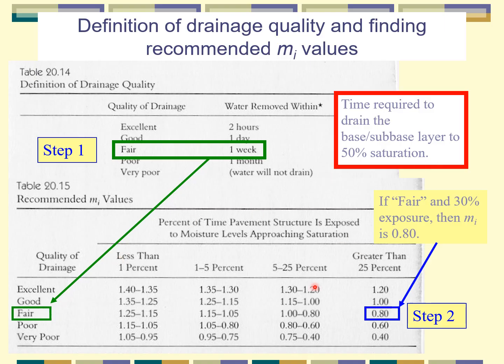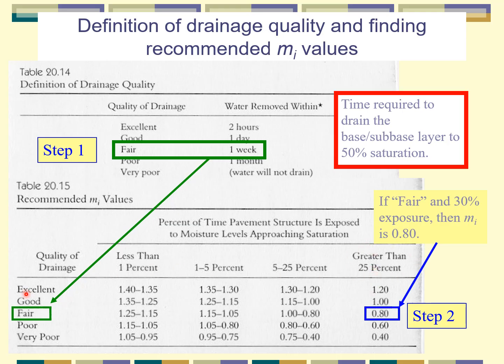Now look at this table, recommended m sub i values: the quality of drainage, and the percent of time the pavement structure is exposed to moisture level approaching saturation. Less than 1%, 1 to 5%, 5 to 25%, greater than 25%. Obviously, this column represents the worst scenario.